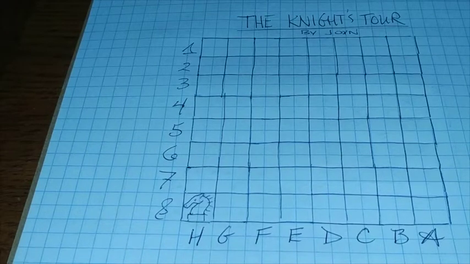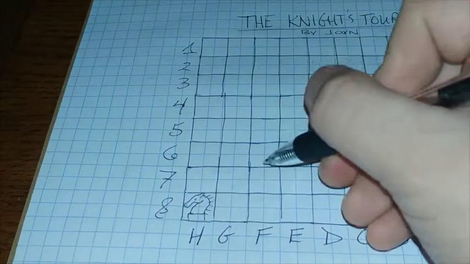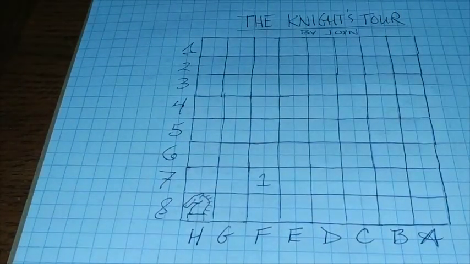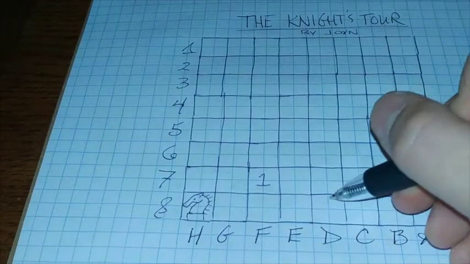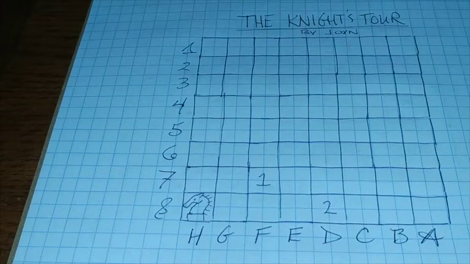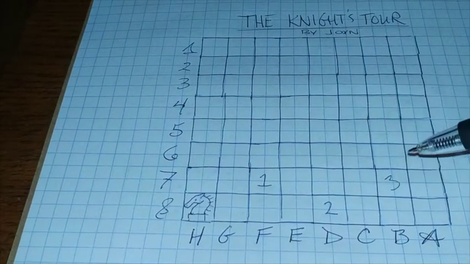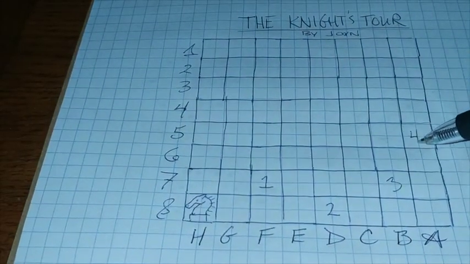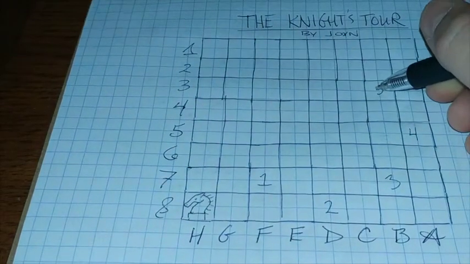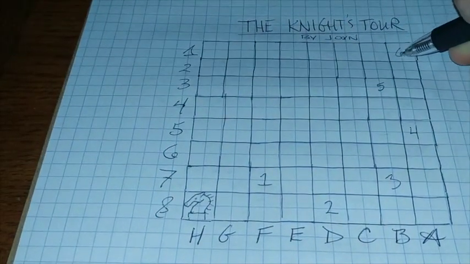Okay, so I'm going to show you the first 16 moves. We're going to break this up into 4 groups of 16. Okay, so let's make our first move. And we're going to call this 1. Okay, the next move is obviously 2. 3 is right here. 4 is right there. 5 and 6.